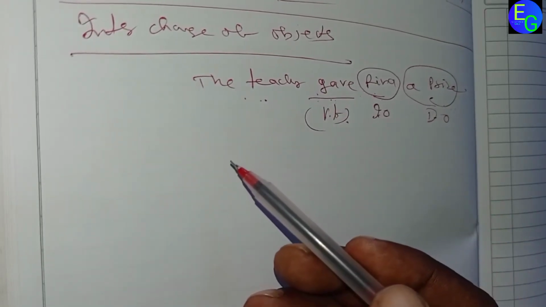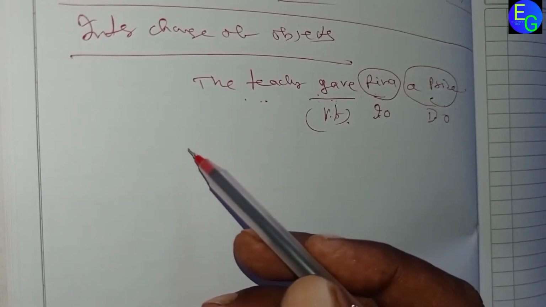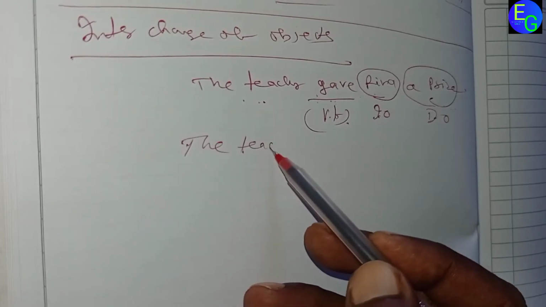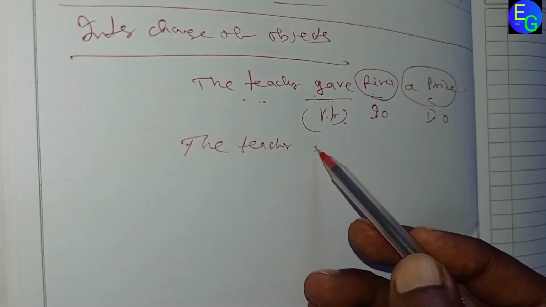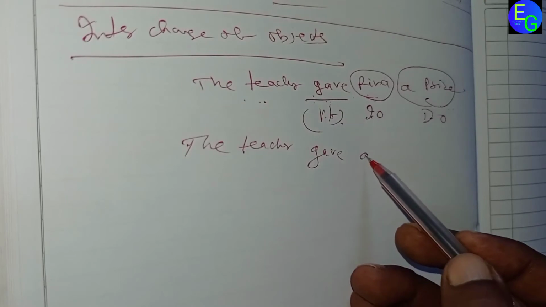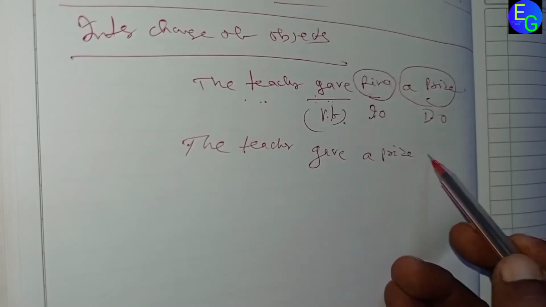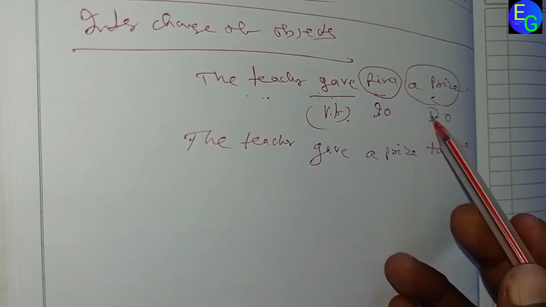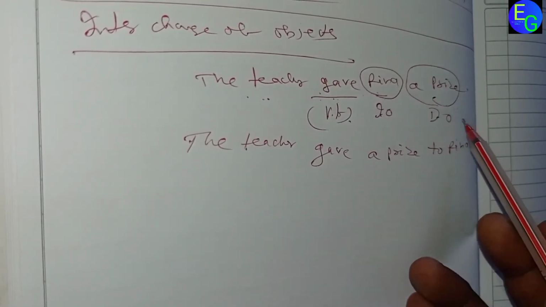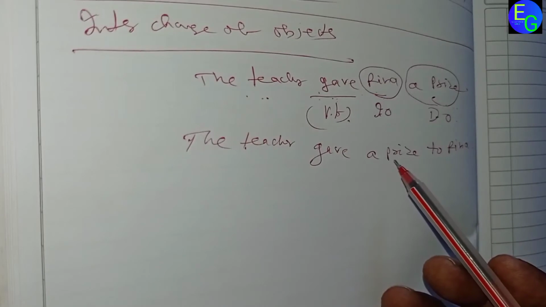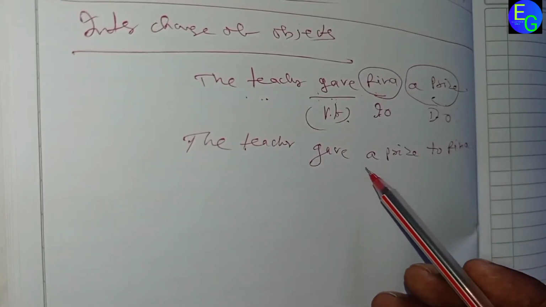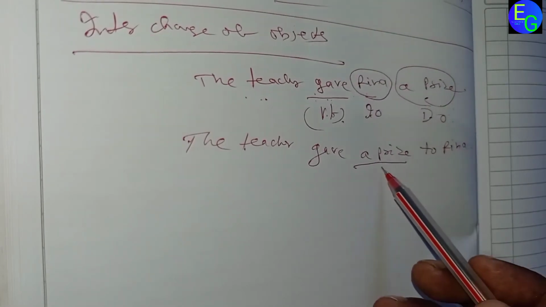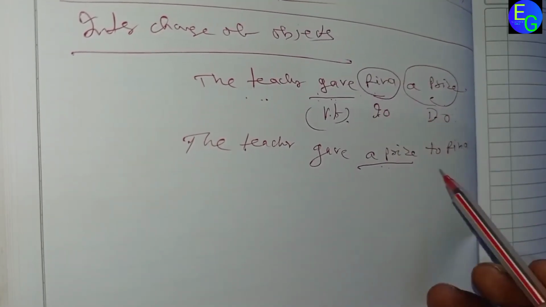Another sentence I am giving. If I write in this way, the teacher gave a prize to Rina. Here you just see, the interchange of objects has taken place. The direct object has been placed first, then after this direct object comes the indirect object.